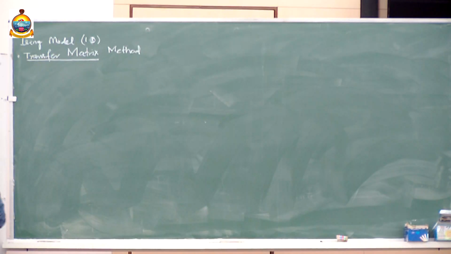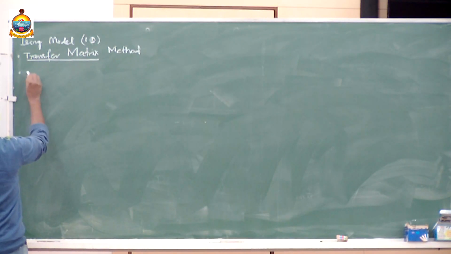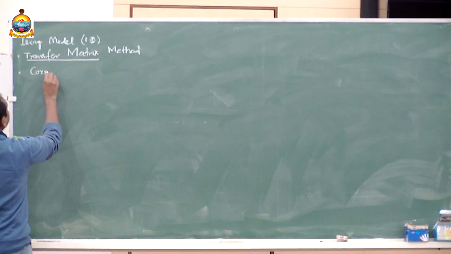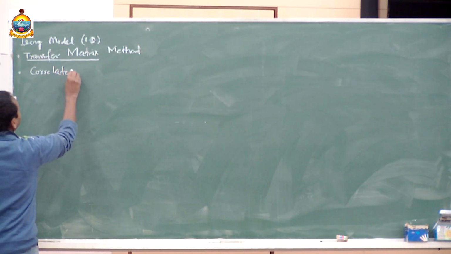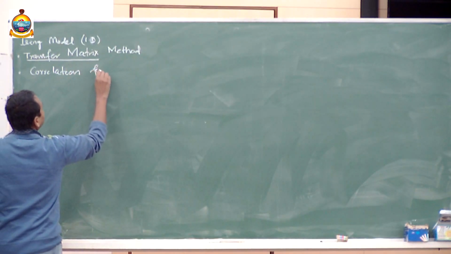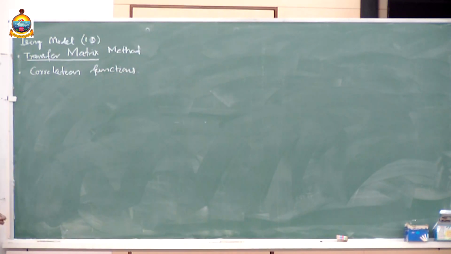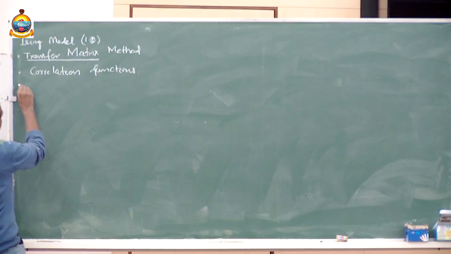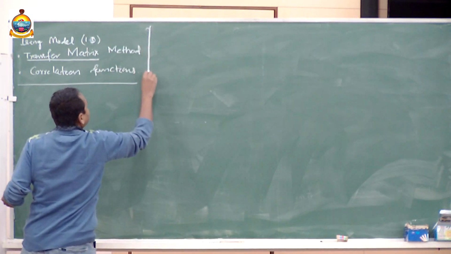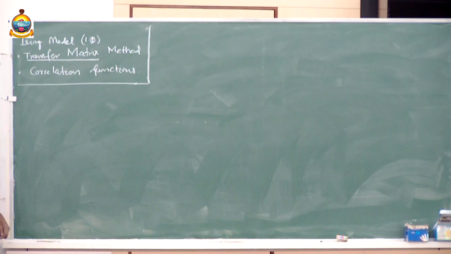So this is a general method. And then I try to find out correlation functions. So I think this is the basic thing which we want to do today.